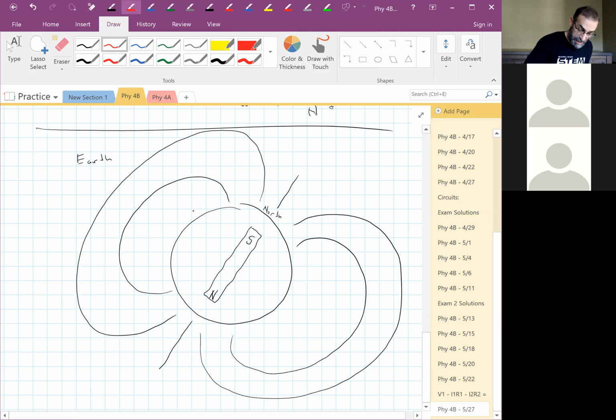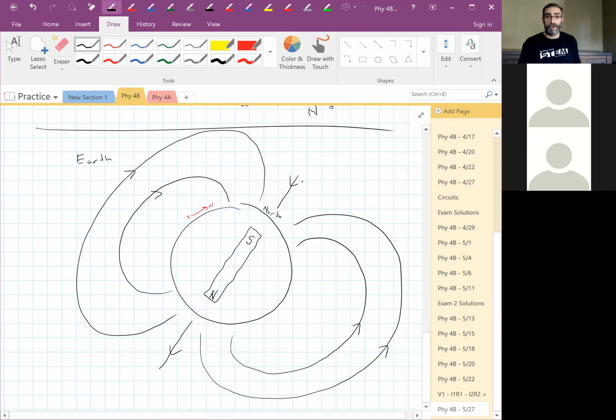So if you stand here and you hold a compass, the north end of the compass, which is a north magnetic pole, points in this direction. So we call this the North Pole of the Earth. But it's a magnetic south pole.